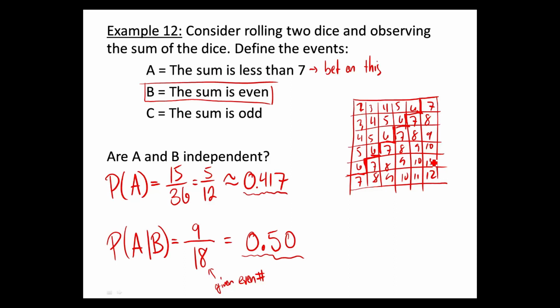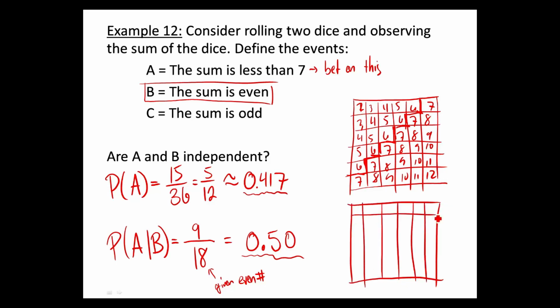But what we've done is, with the given condition, I've changed the population. So now I told you it is even. So I knocked out a huge chunk of possibilities.